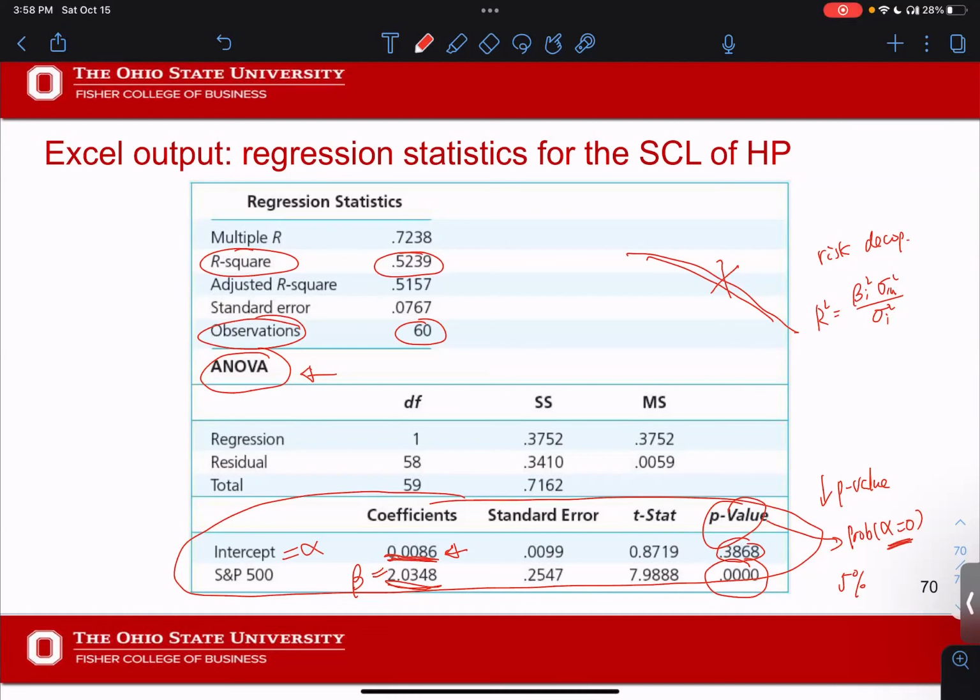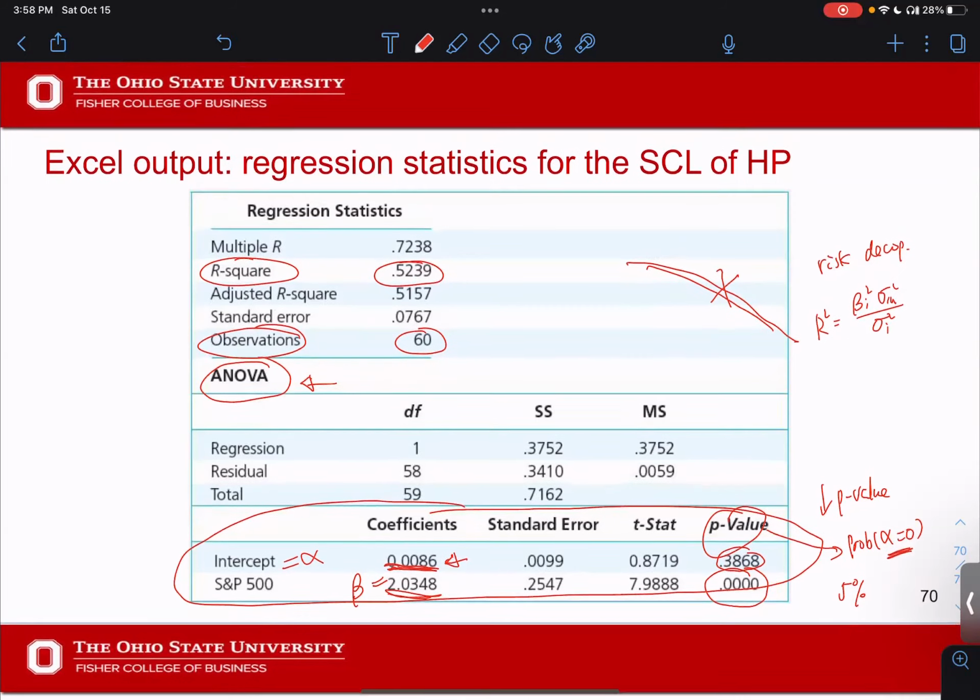It's really hard for data to do that perfect job. But if we observe that alpha is not statistically far from 0, then we are good. We can say this alpha is pretty good and the CAPM is working very well. Okay. Any questions?